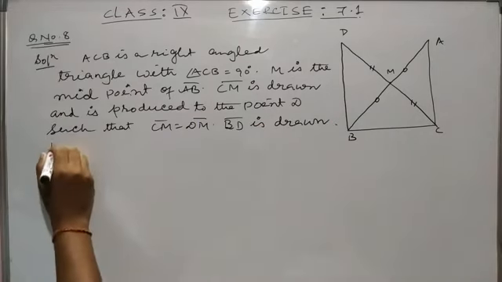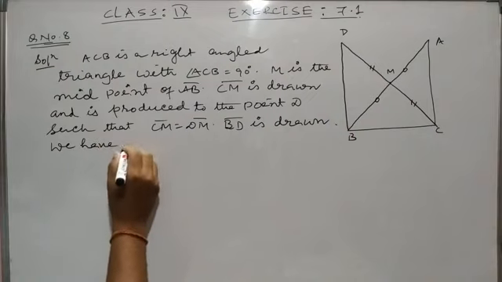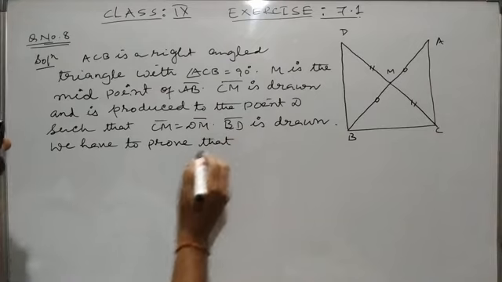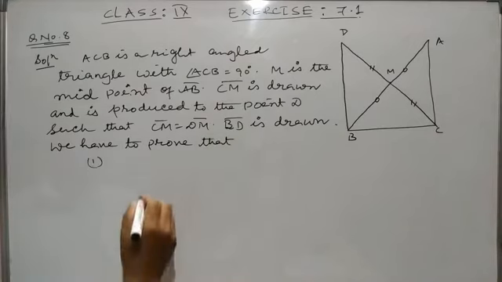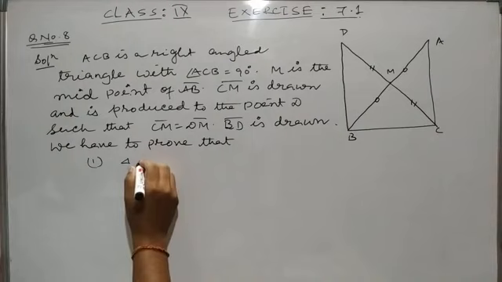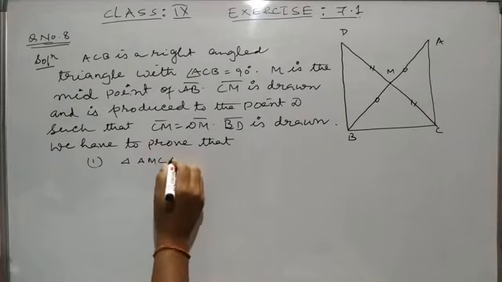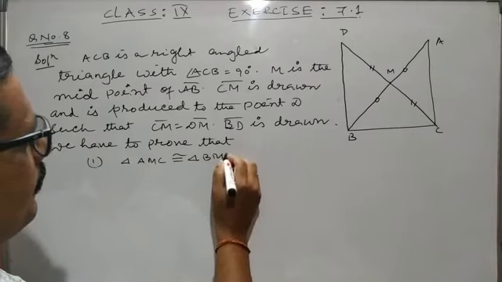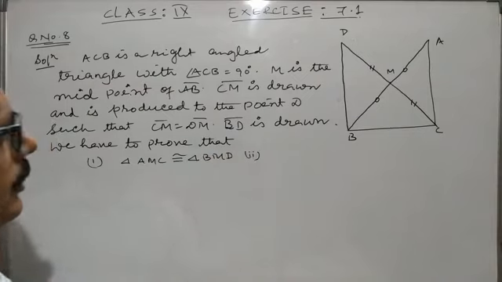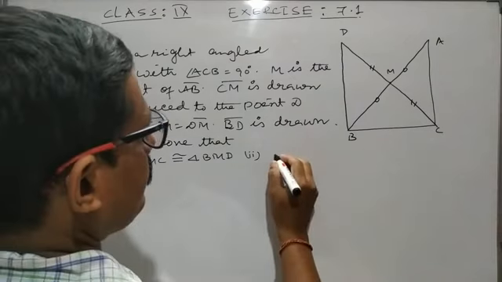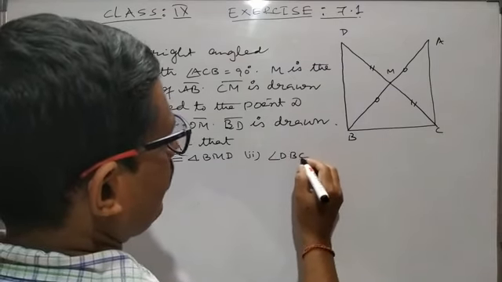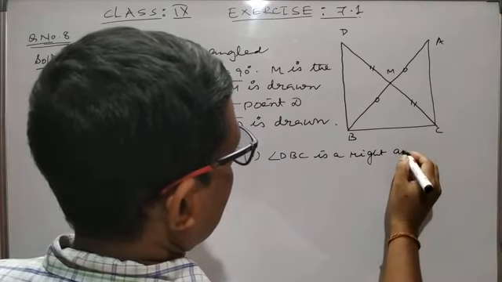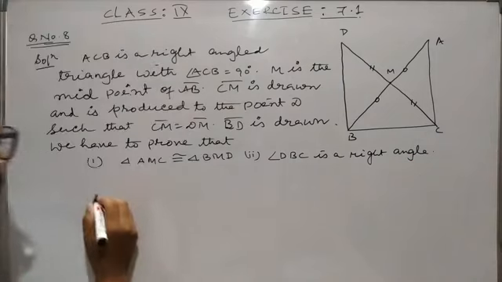We have to prove that number 1, triangle AMC congruent to triangle BMD. Number 2, angle DBC is a right angle.